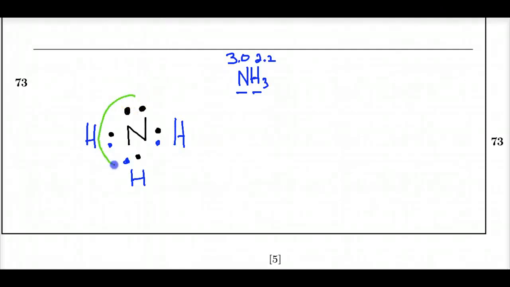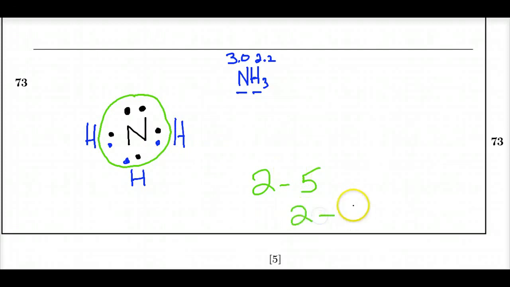Nitrogen now, by sharing electrons, 1 each by each hydrogen, feels like it has 8. It was 2-5, but by bonding, that central nitrogen feels like it's 2-8, which is the same as its noble gas counterpart, which is neon. So it feels like neon, a noble gas. The octet rule is satisfied.